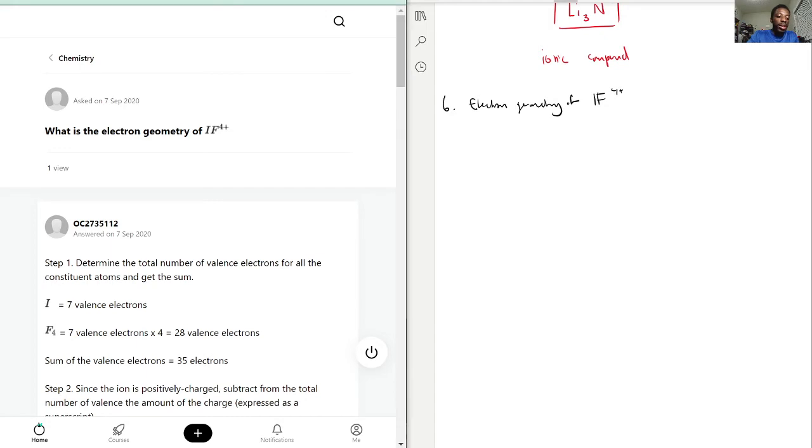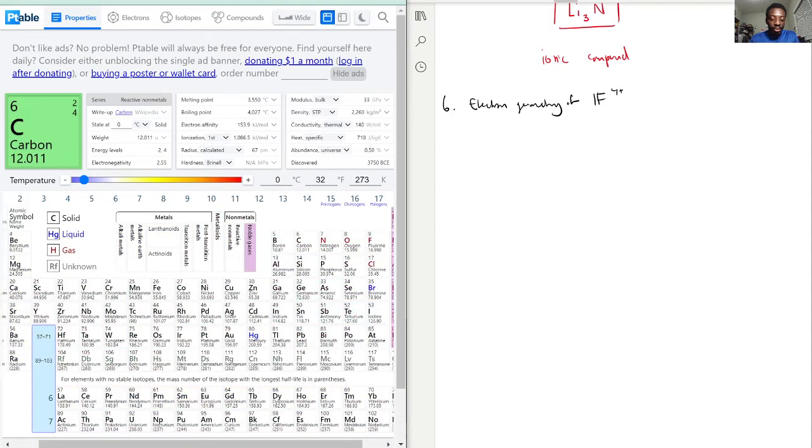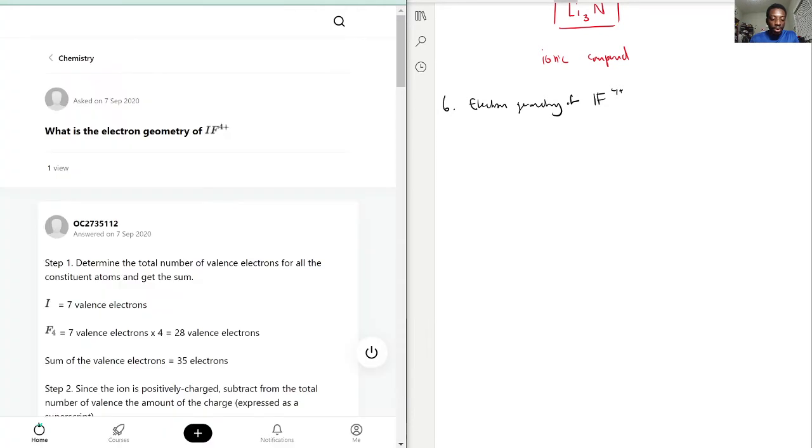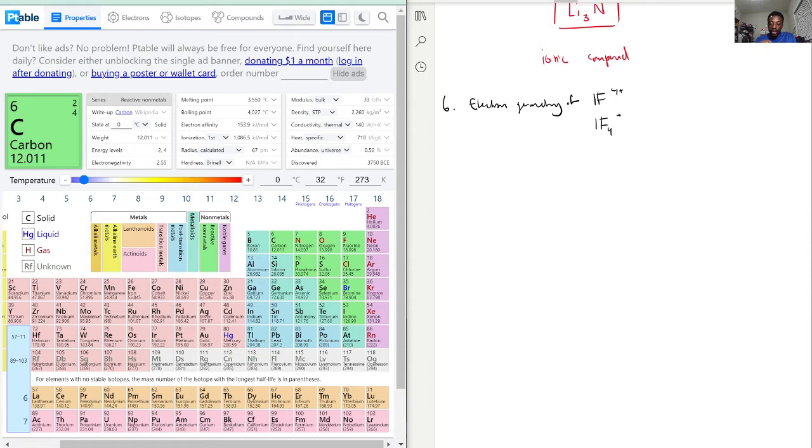So iodine, based on the periodic table, I do hope it is 4+ and not... We'll see, because it might actually be IF4 and then just a positive to get rid of 1. I have not really seen iodine and fluorine having to get rid of that many, but let's just solve it like the first one just in case.